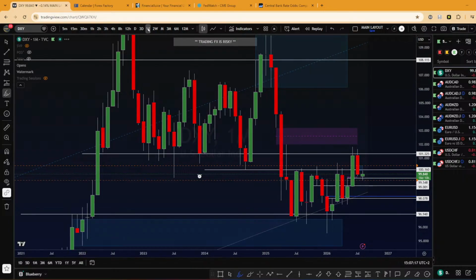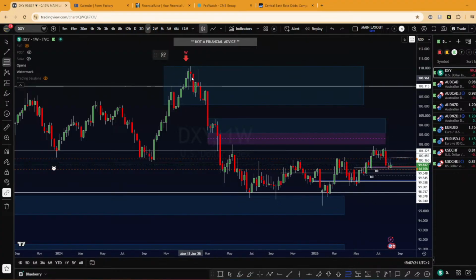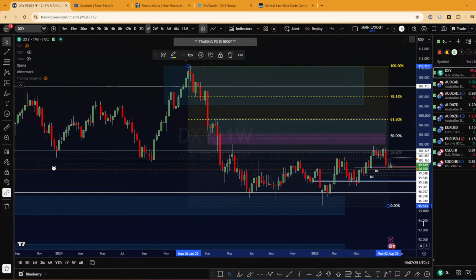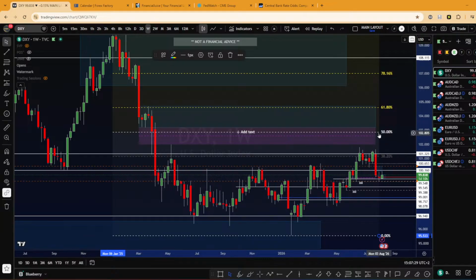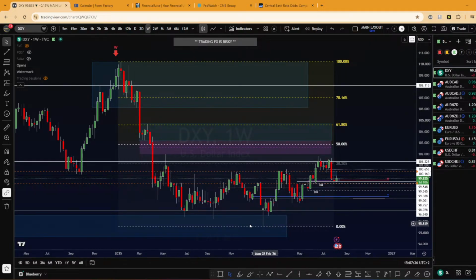Why? Because if I go for example on the weekly time frame, you will see that this imbalance corresponds to around the 50% of this last movement, this weekly leg. So if I put my Fibonacci, you can see we have some room to target the premium zone.